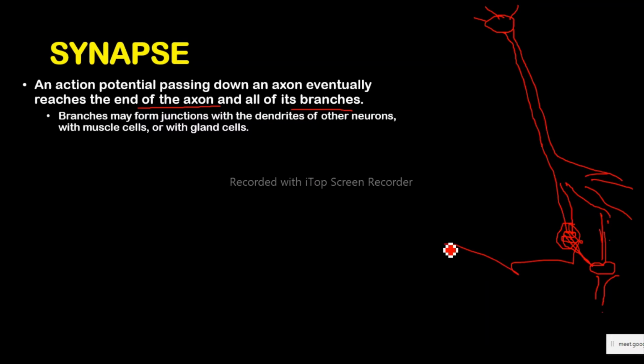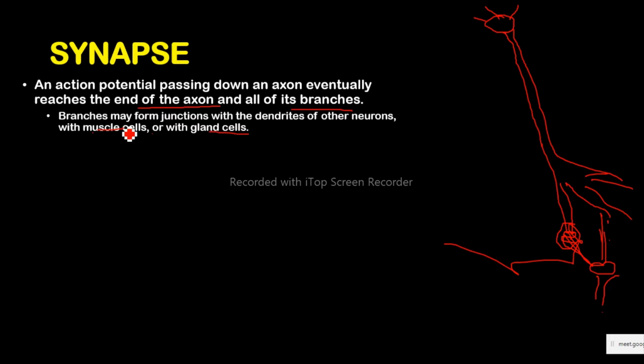Let us proceed. Oh, sorry. So branches may form junctions, okay? These branches, the dendrites, they may form junctions with the dendrites of other neurons, or with muscle cells, or with glands. So depending on a given neuron, if it is a motor neuron, then obviously it will form junctions with the muscle cells or with the glands.